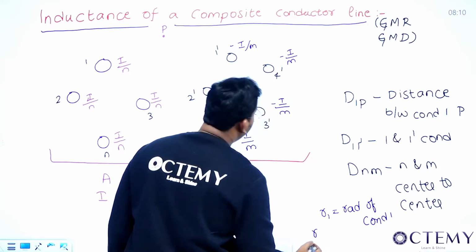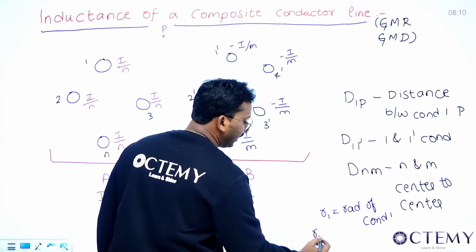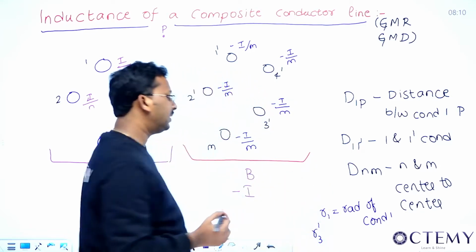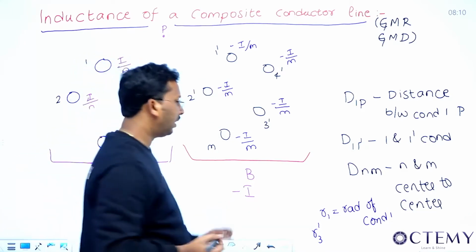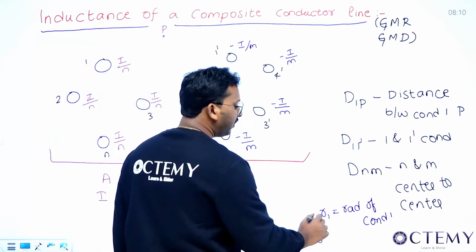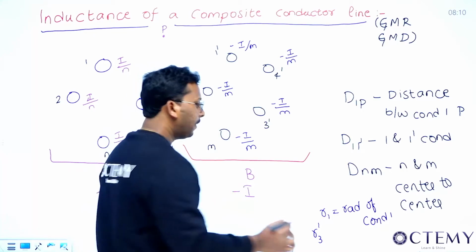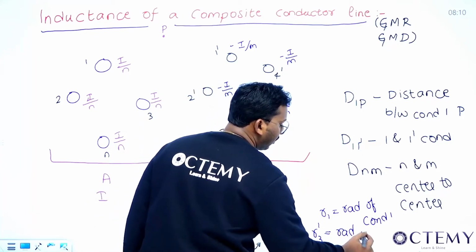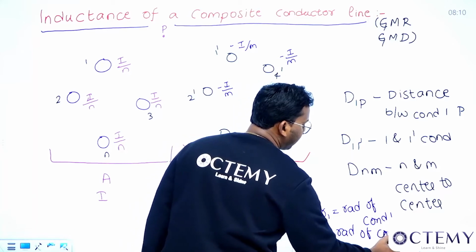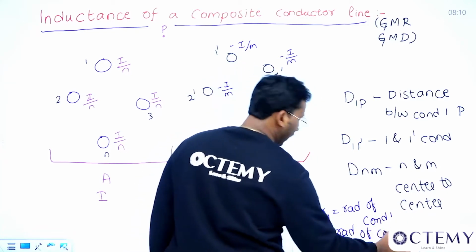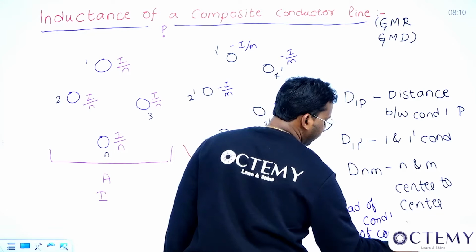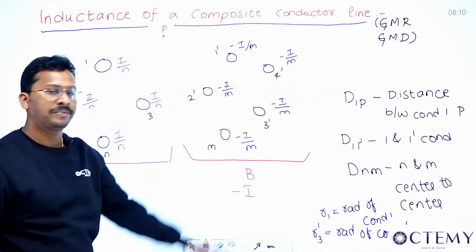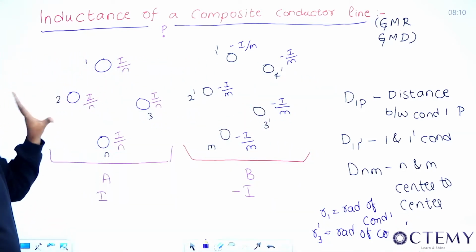Similarly, R3 dash is not the effective radius, so don't get confused by effective radius. For effective radius, I'll put a double dash. So this is the radius of conductor 2 dash or 3 dash, because the 3 dash conductor is here. So these are some background work we should know.